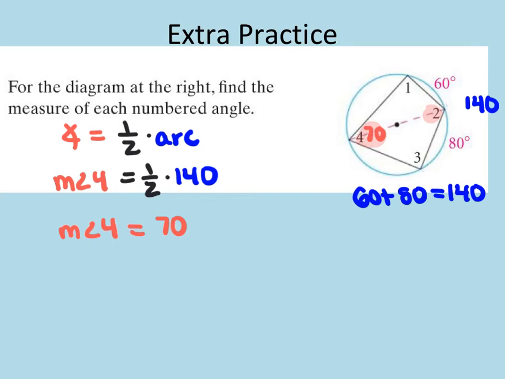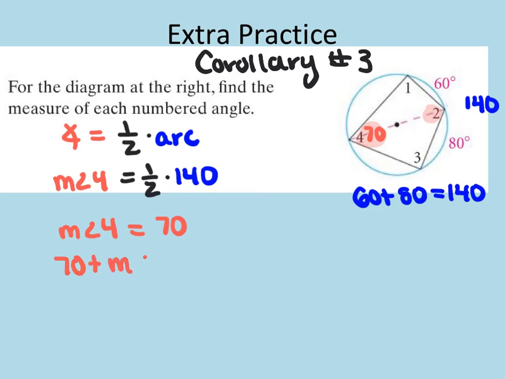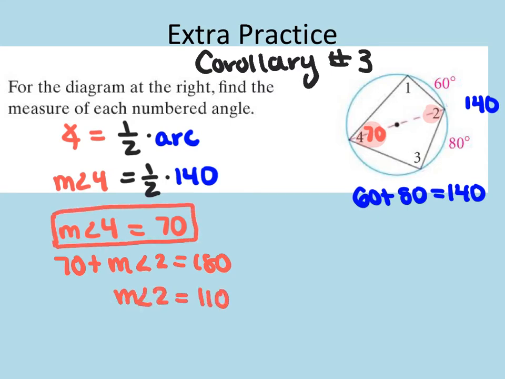That's what that corollary number 3 tells us. So if I were to use that, I could say that the 70 plus the measure of angle 2 should equal 180 because they're supplementary. The measure of angle 2 equals 110. So we know we have these two angles so far. So this angle is 110.